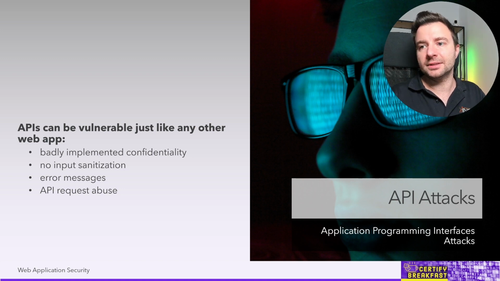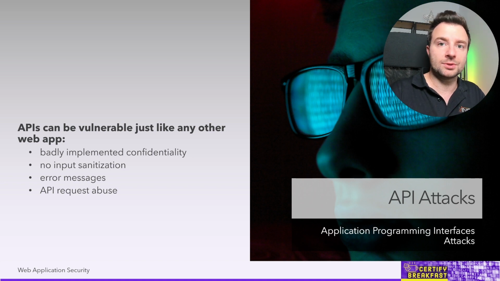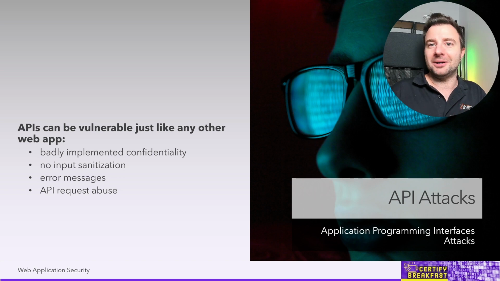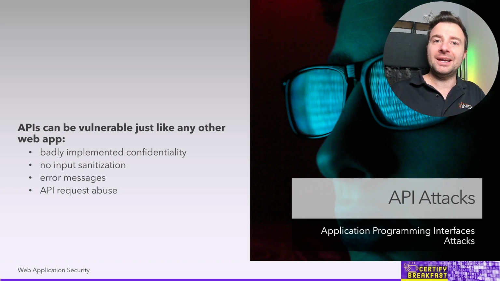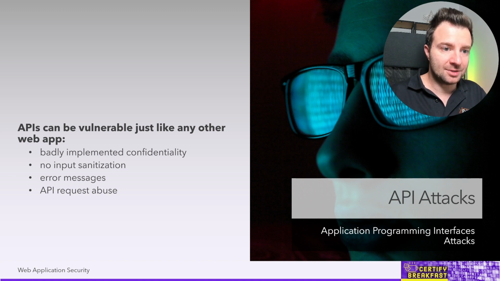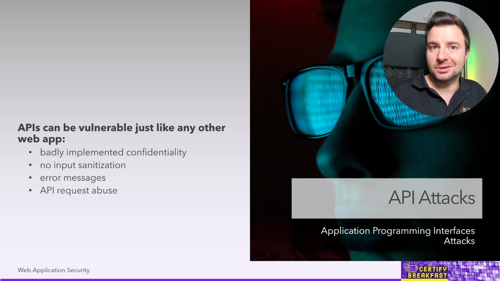And finally, since an API is designed to be programmatically interacted with through a script or another application, we can expect that the API usage is going to spike from time to time, because while a normal user is only able to click a few times per second perhaps in a web application, an API might actually receive tens or thousands or millions of requests per second because they are all automatically generated.